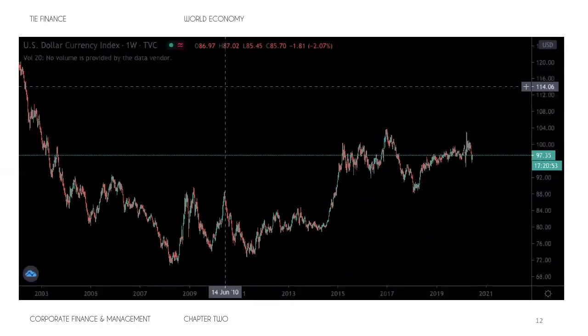And I will show you now the US dollar currency index. We can see that in the long term it's in a downtrend right now, and the dollar currency index is basically comparing the US dollar to the other most important currencies, right? So now the dollar has outperformed, let's say, the other currencies, because when a crisis arises, everybody wants to be liquid.